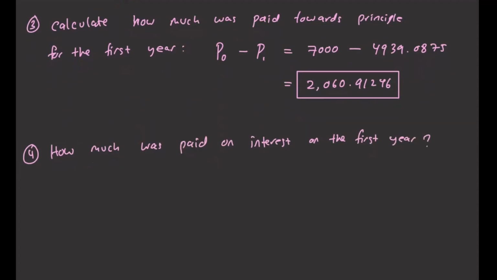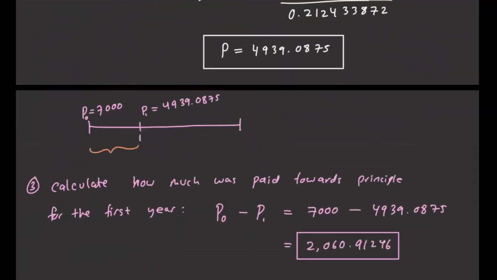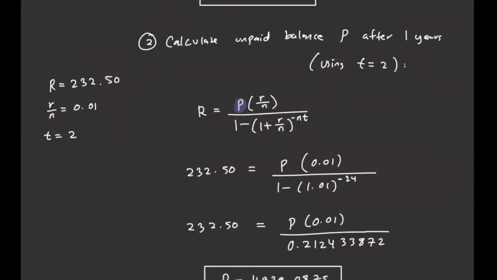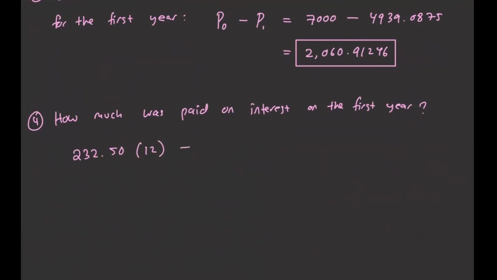Okay, so we're going to see, well, how much we've been paying. Well, we're paying $232.50. I believe that was the number right here. So that's your monthly payment. So we take our monthly payment, multiply by 12, because you're paying every month. There's 12 months in a year, minus the amount that went to principal on the first year.